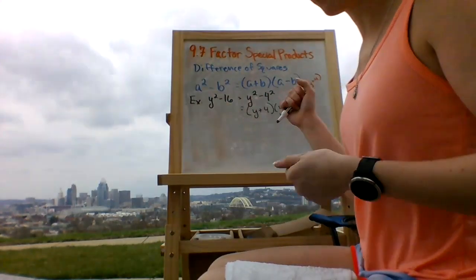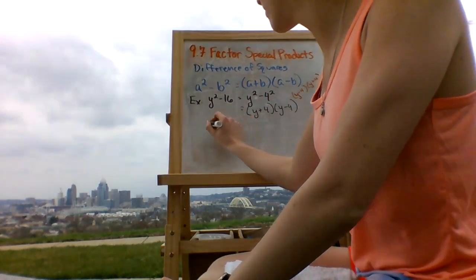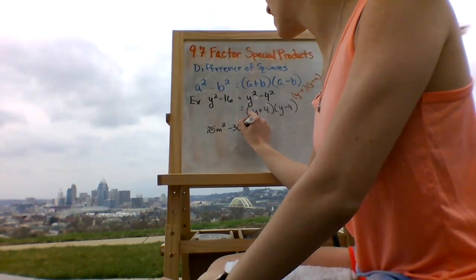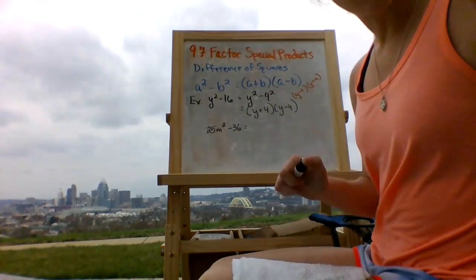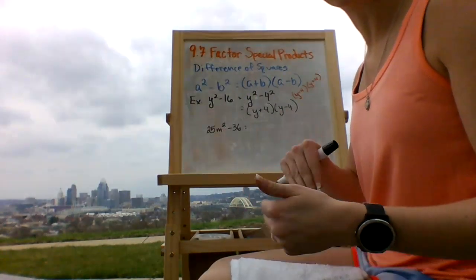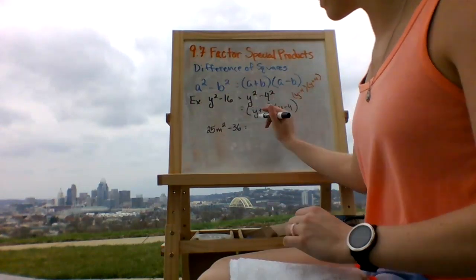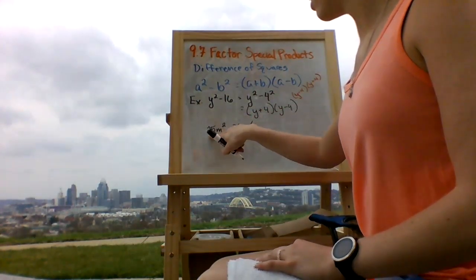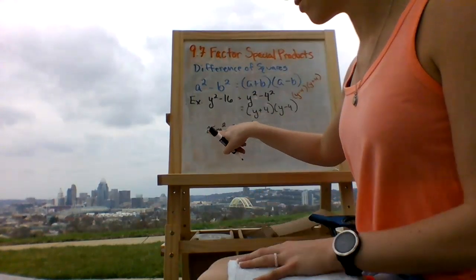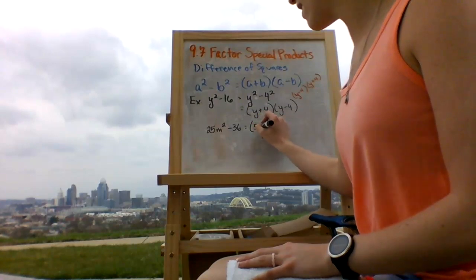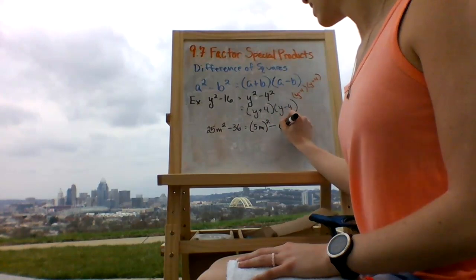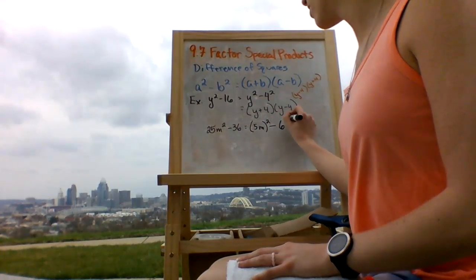Alright, example 1b, I've got 25m squared minus 36. So 25 is a perfect square, 36 is a perfect square. It's just going to be helpful to rewrite it as a difference of squares. If I take the square root of each of those terms, that's what I'm going to do in order to rewrite it. So this is going to be (5m) squared minus 6 squared.